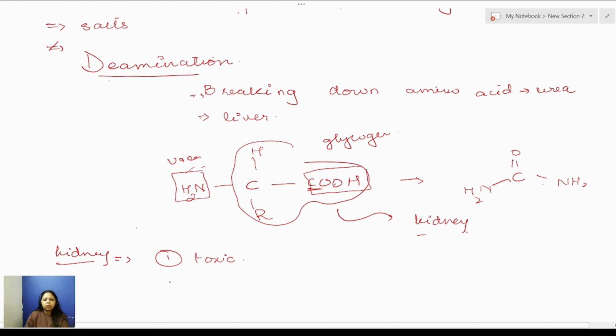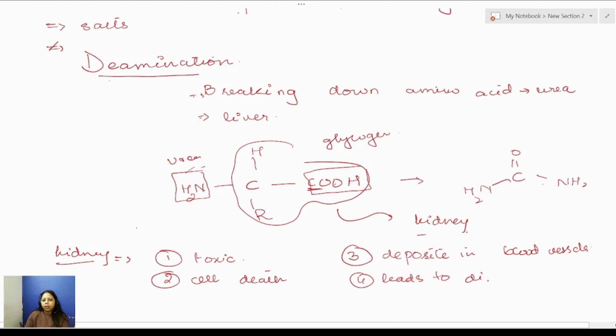What else? It can cause cell death. Then it can deposit in the body or inside the blood vessels, or it can also lead to diabetes. Why? Because the person becomes insulin resistant.